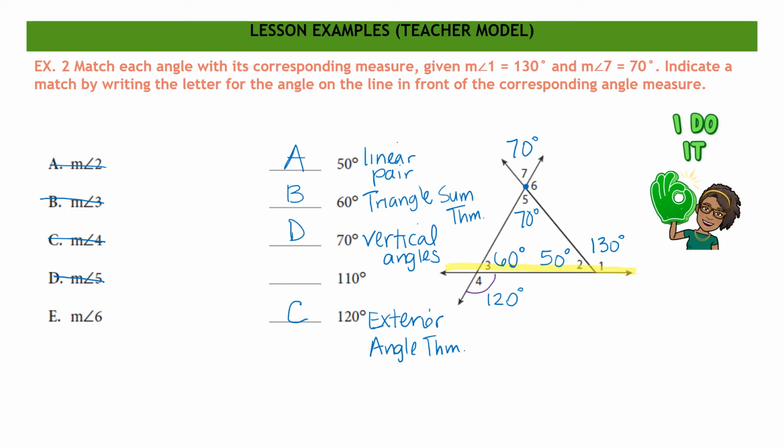So if I take 70 degrees and subtract that from 180, I know that angle 6 is 110 degrees. So we have our final angle here of E, which is 110 degrees, and that was found by a linear pair.